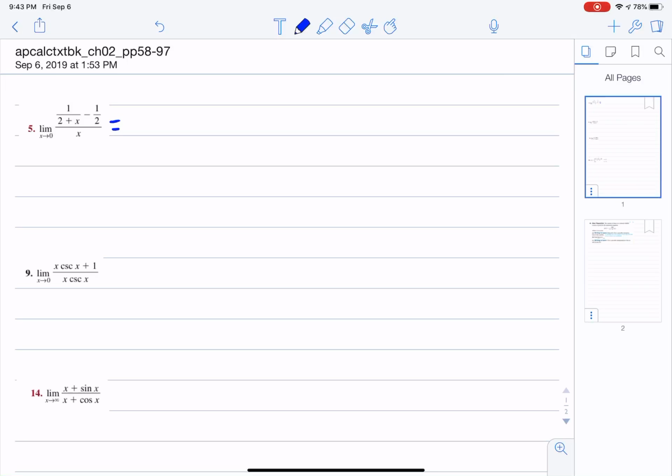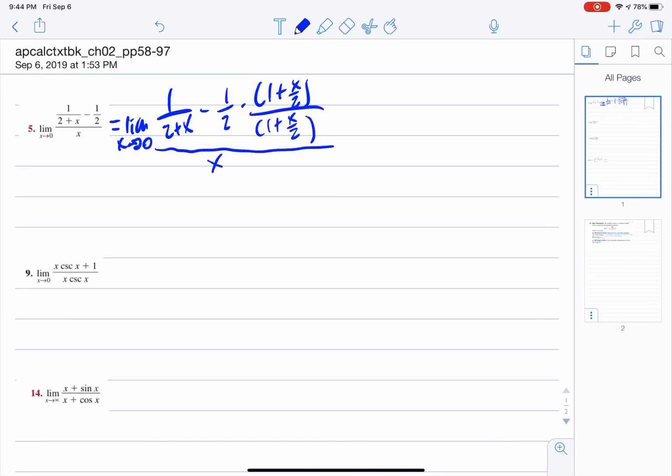We're going to start off with this limit by getting a common denominator for the top two terms of 1 over 2 plus x, minus 1/2. We get a common denominator for that by multiplying it by 1 plus x over 2 over 1 plus x over 2, and that's still all divided by x.